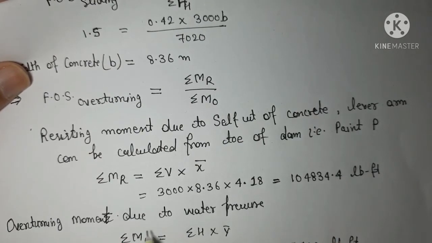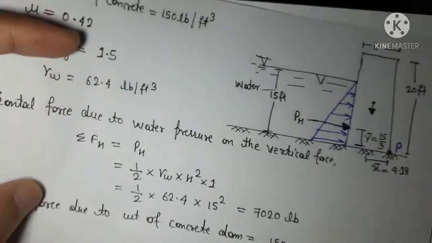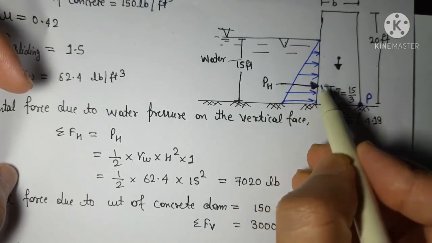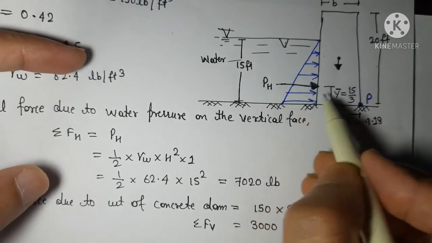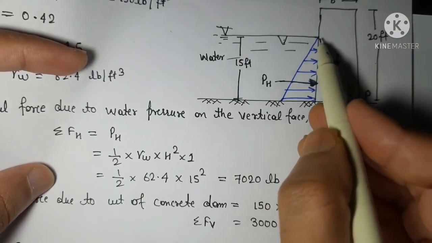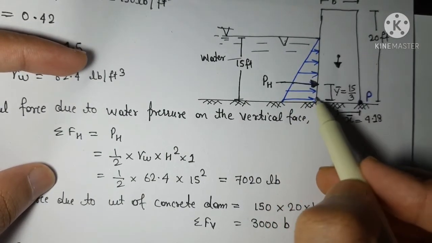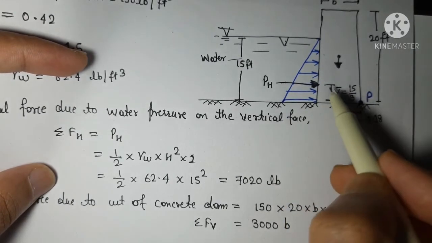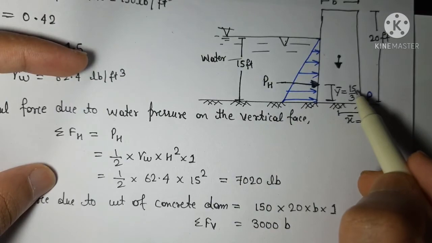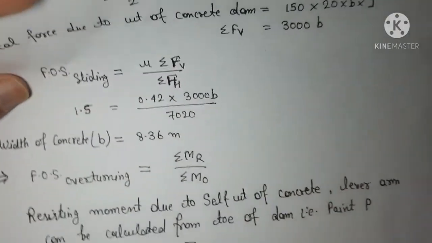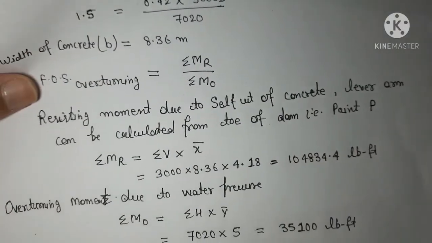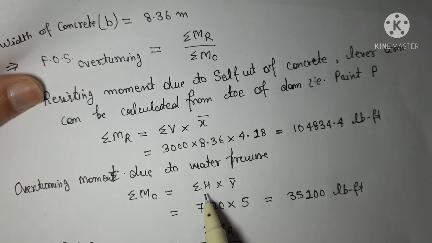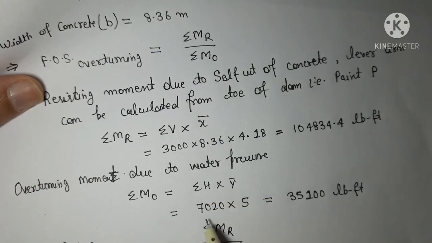Now overturning moment due to water pressure. Overturning will be due to PH only. This PH is acting at h/3 height. If h is the height, it acts at h/3, and the total height is 15, so 15/3 will be 5. Hence we will calculate overturning moment as summation of PH into y bar.